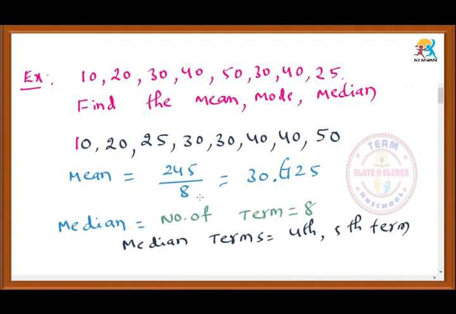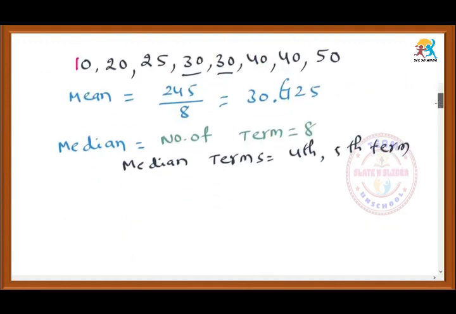In this question the fourth term is 30, the fifth term is also 30. So the median is equal to fourth term 30 plus fifth term 30 by 2, 60 by 2, that is equal to 30.